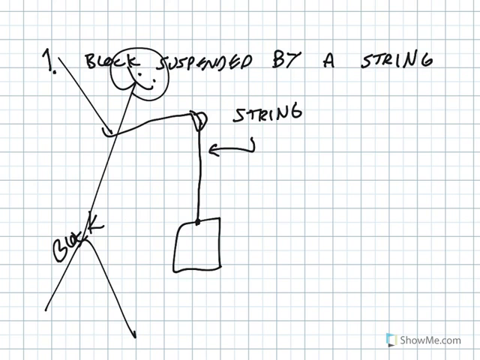So then let's say that this block has a mass of 2 kilograms. Okay, and we want to know everything there is to know about this block. So initially, if it's just sitting there, it's not moving.